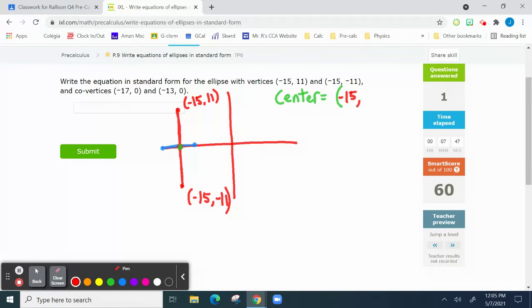And then this one is negative 17, comma 0. And this one is negative 13, 0. Right? So the y value for the center is going to be 0. So now we have our h and our k, right? h equals negative 15, k equals 0. Now we just need our a and our b.